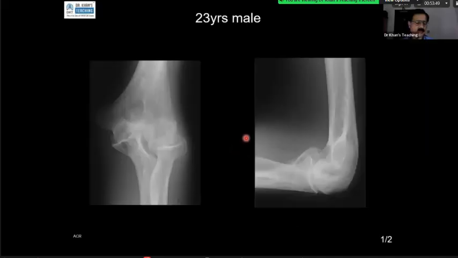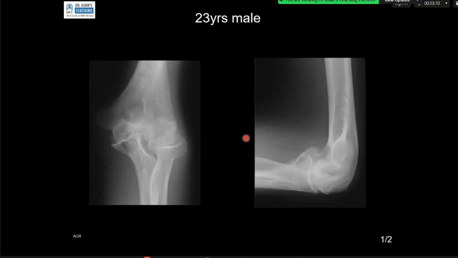Yes, candidate 3, describe this. So I've been provided with a 23 years old male elbow X-ray AP and lateral views, and here I can see that the bones are looking a bit overgrown. Which bone is particularly overgrown? The radial head is looking a little overgrown. Excellent.